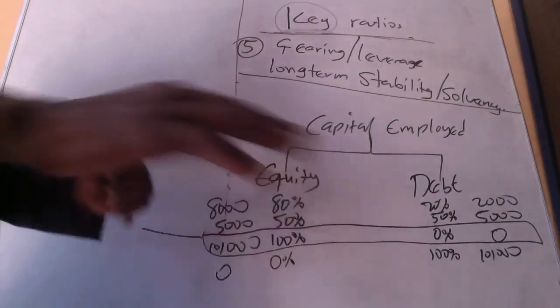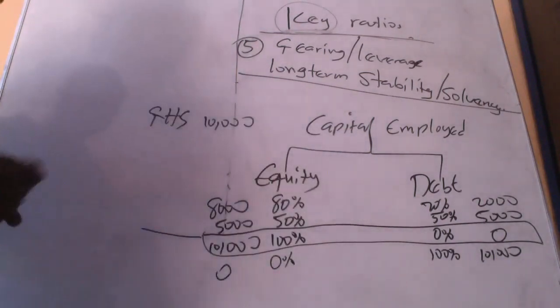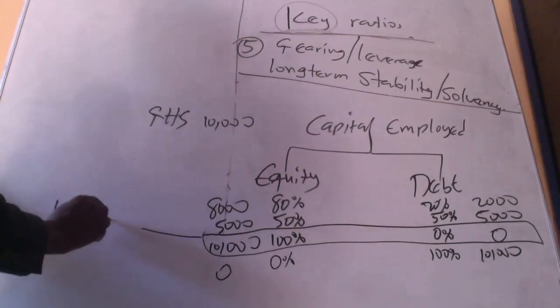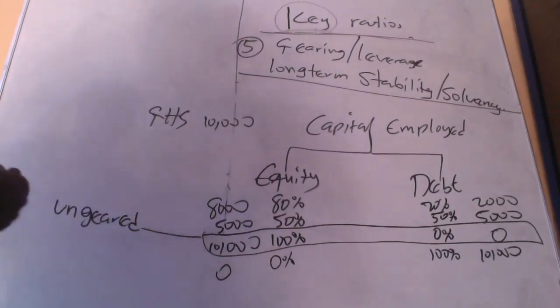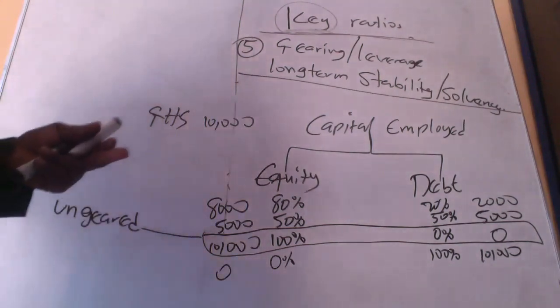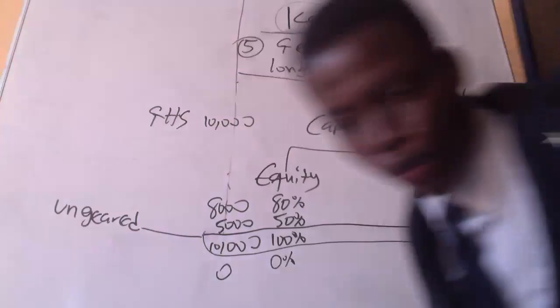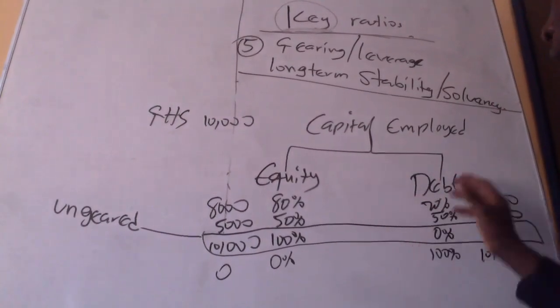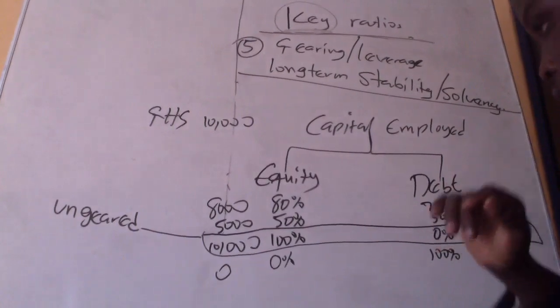But the right term is ungeared. A company that is not having any debt, I mean long-term debt too. Not current liabilities, not trade payables or accruals. We are talking about long-term debt. So take note from me.